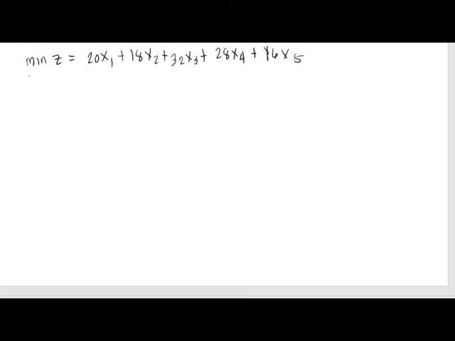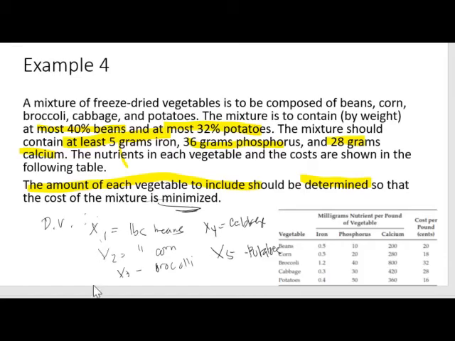Okay, next. I guess we're done with our objective function. Next, may sinabi siya kanina na the percentage of beans.